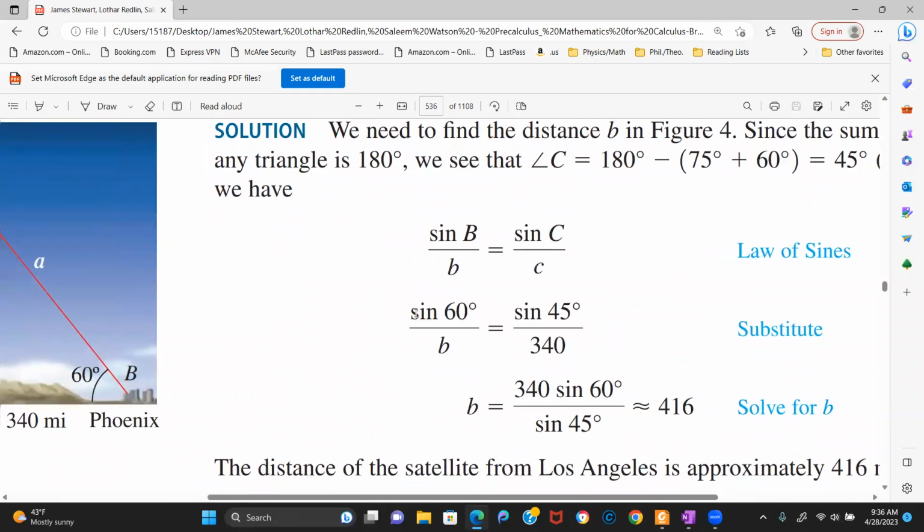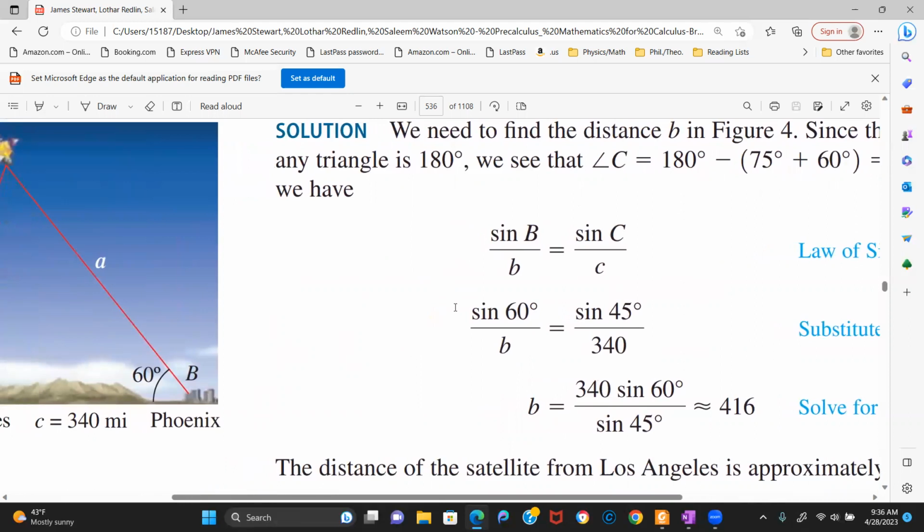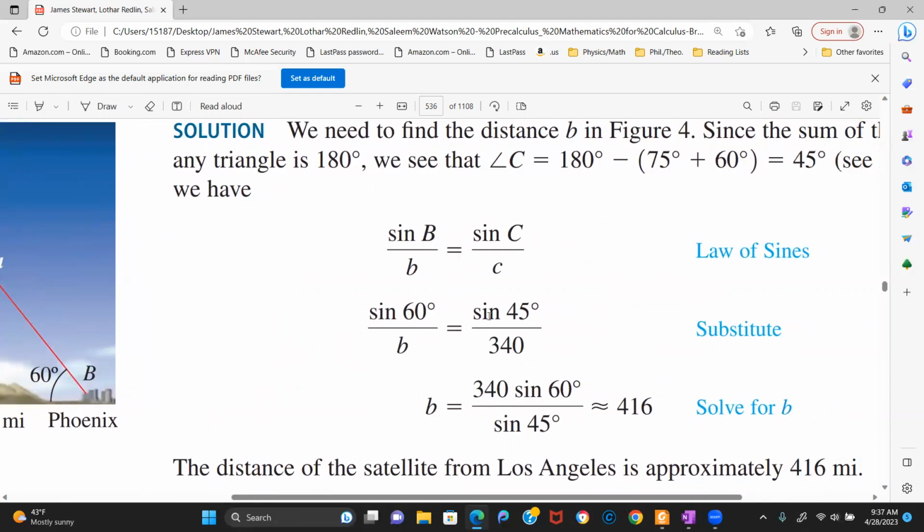So now we know angle B is 60 degrees, angle C is 45, and the distance between these two stations is 340, and B is the unknown. So we're going to solve for that.